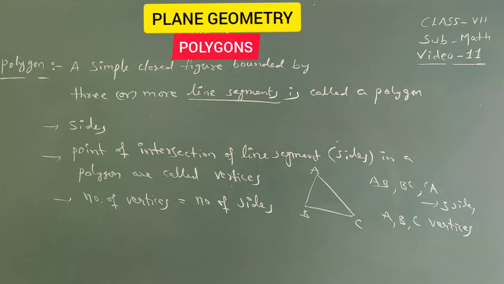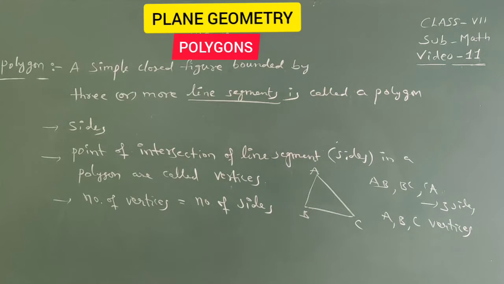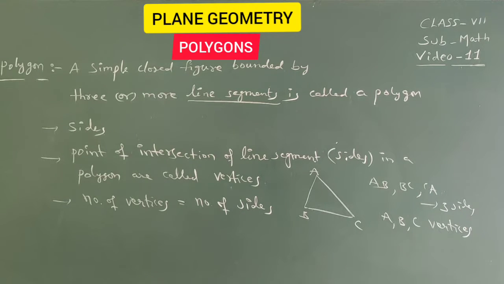First one, a closed figure bounded by three or more line segments is called a polygon. The line segments forming a polygon are called its sides. Two consecutive sides of a polygon intersect only at one end point. That is explained in the case of a simple closed figure only, so there is no need to explain it again, because a polygon is a simple closed figure.